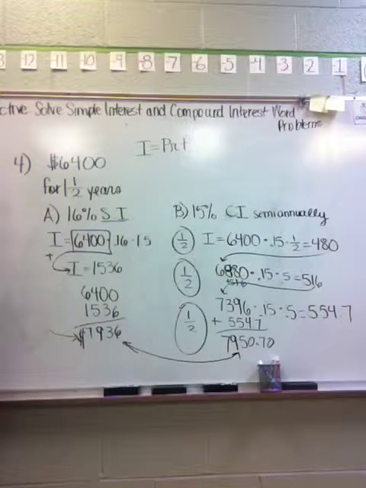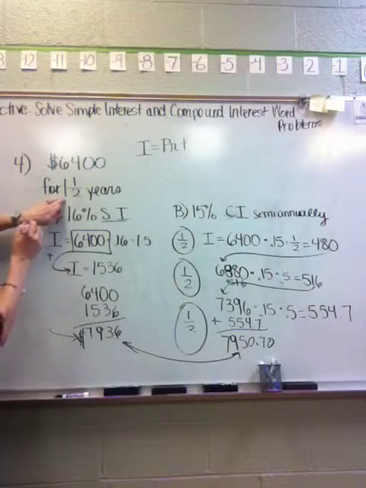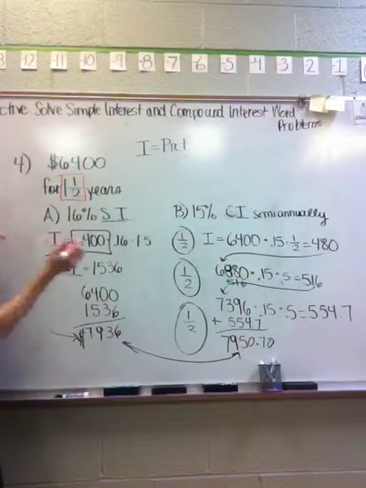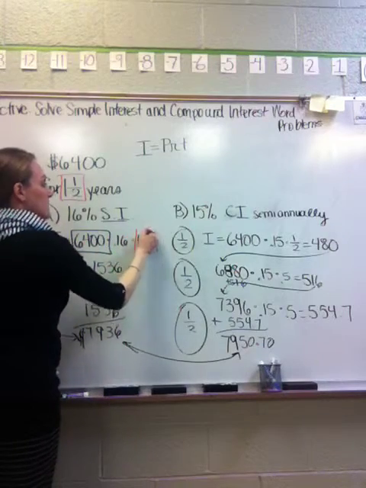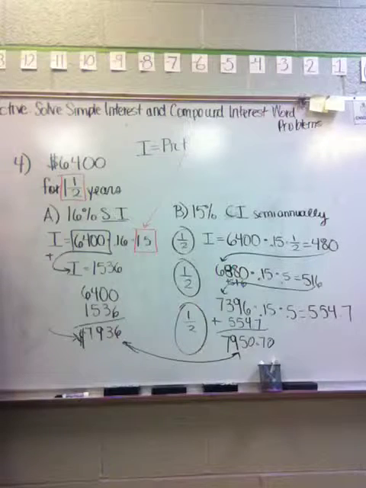Okay, one person at a time. Chris? For B, wouldn't you do the equation times 1.5, because 1.5 years? Okay, let me show you where my 1.5 years come in. It says for 1.5 years. I have 1.5 years right here. In my simple interest equation, I use that because this is my time. Does that make sense? You okay there? Yes.